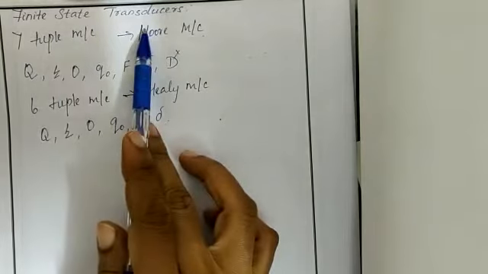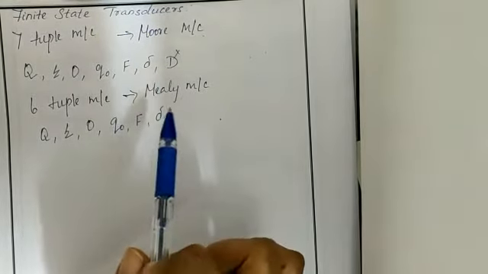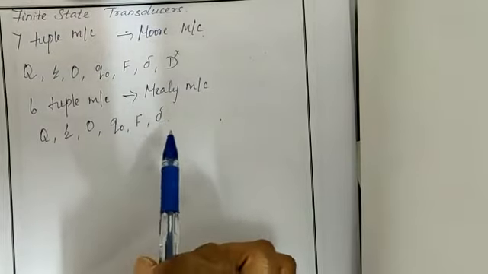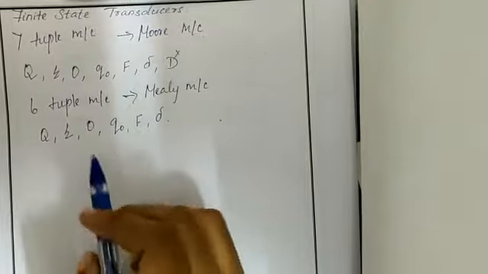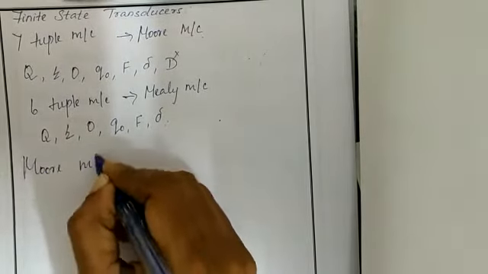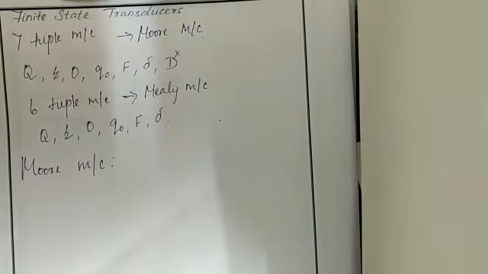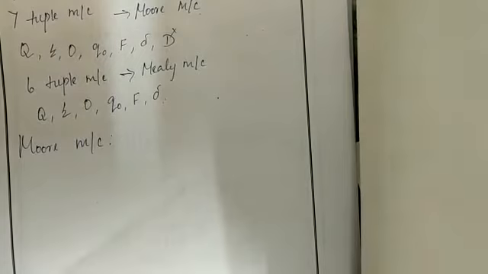So finite state transducers, I have two types, Mealy machine and Moore machine. Now we'll discuss the sum in both the types. So first I'll consider my Moore machine. Suppose I want to design a traffic light, I want to simulate a traffic light.